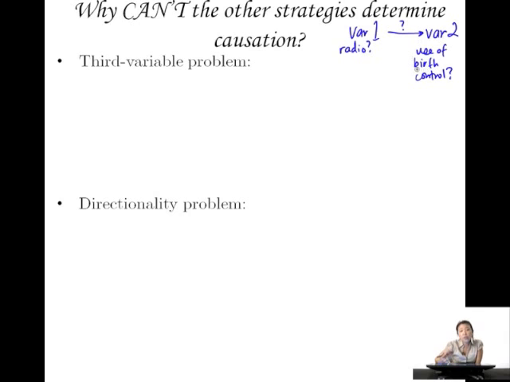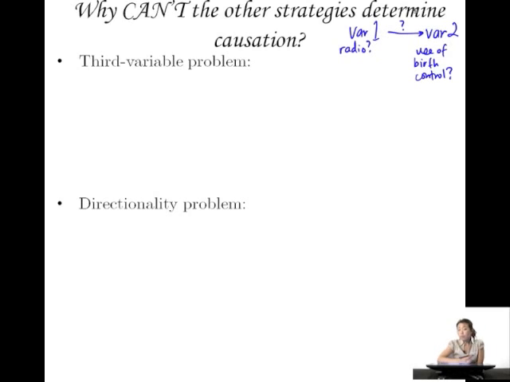Because if we knew about causation and we wanted to increase the use of birth control somewhere, then we could adjust radios in households. We could give people free radios or something, and by doing that, change the use of birth control. But it would be nice to know whether this causal relationship actually exists or not.